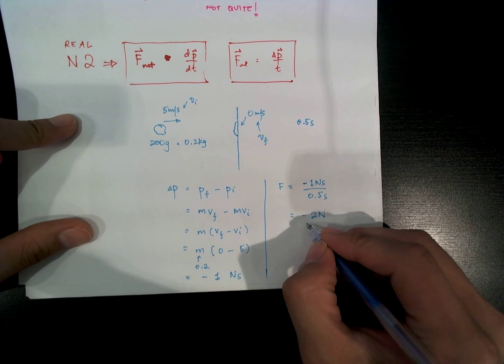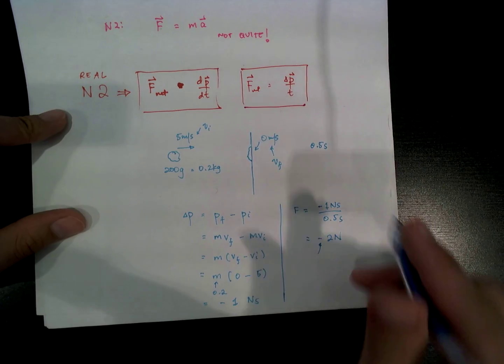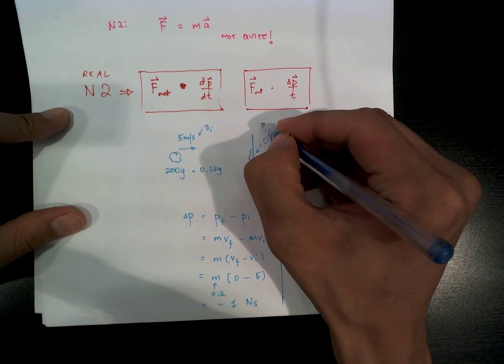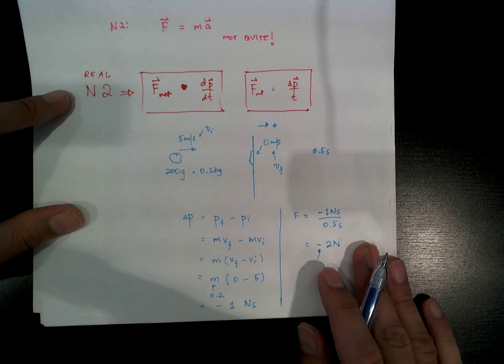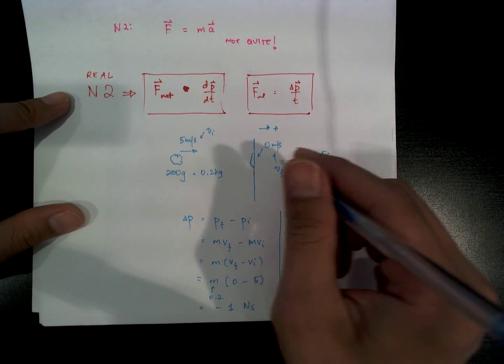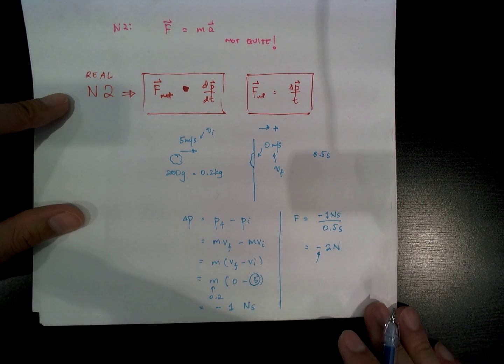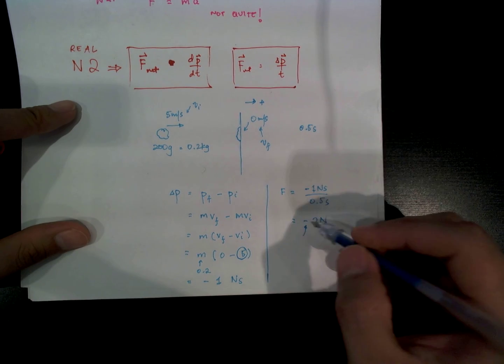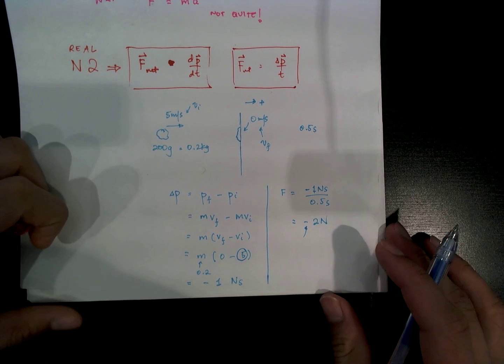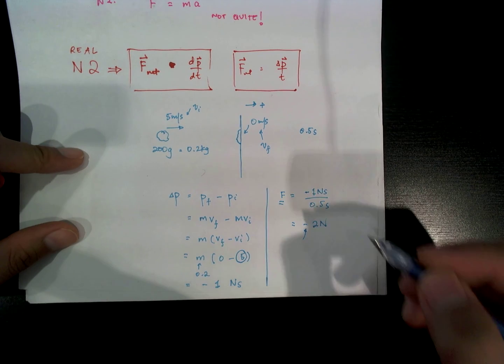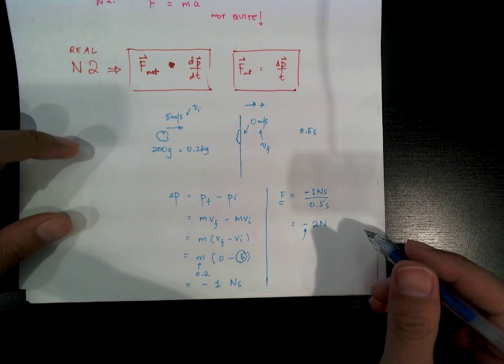What's the significance of this minus sign? Well, I'd assumed that direction to the right was positive, hence why I wrote +5 for the velocity. So a minus sign must mean that the force is acting towards the left, and that's what we would expect.